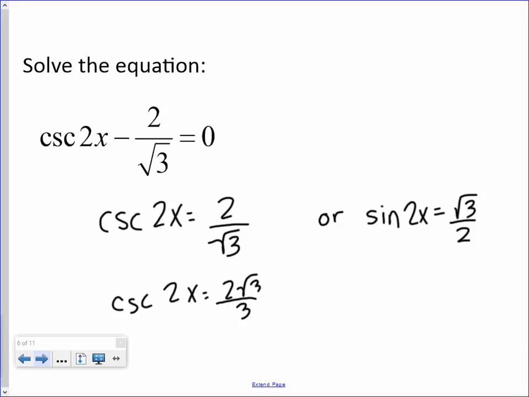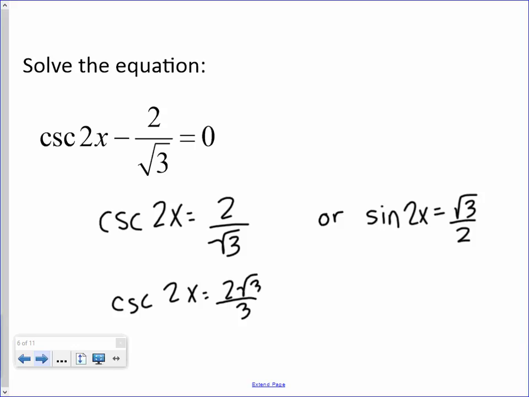I know what angles have sine square root 3 over 2. Now, there has been a question in some of the different groups about the 2 with the x. Are you allowed to divide that right away? No. Okay, it's trapped inside the trig function. Means you're going to have to wait to do anything with the 2 until you're done solving.